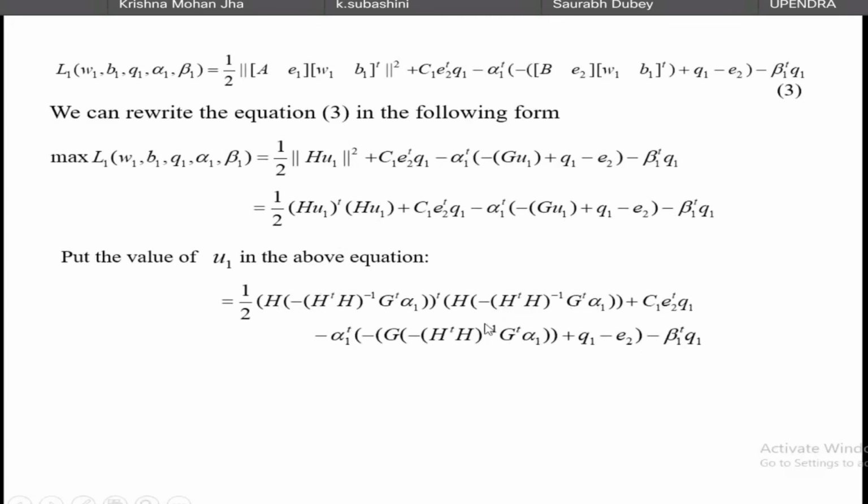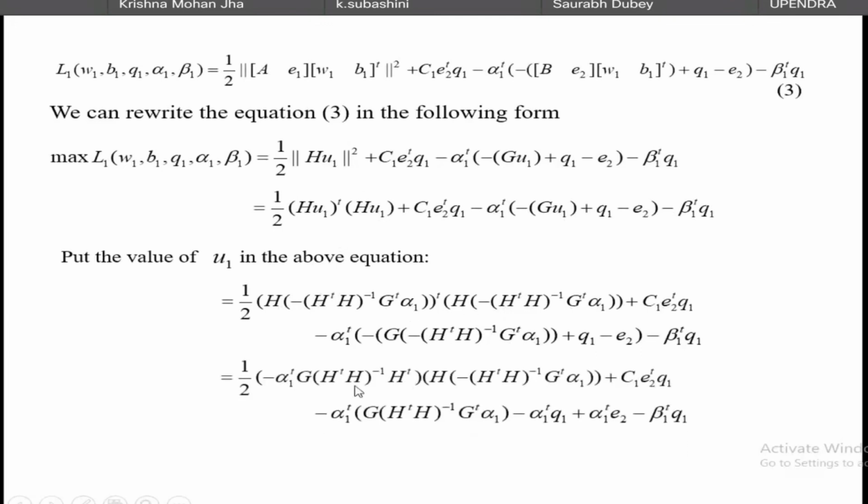So when you do this, we'll simplify further in this particular manner. This transpose I am just removing, or you can say I'm writing in this manner. So the transpose will go inside, and this whole term will come as a reverse. So alpha 1 transpose G H transpose H inverse G H transpose. Then the same terms I have written, and minus alpha 1 transpose, this minus minus will be plus.